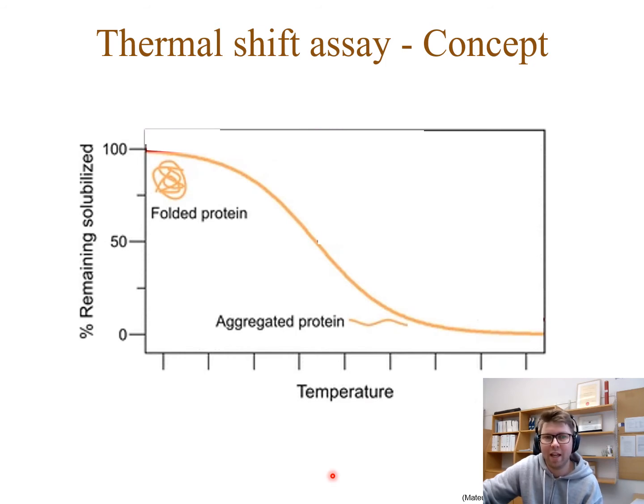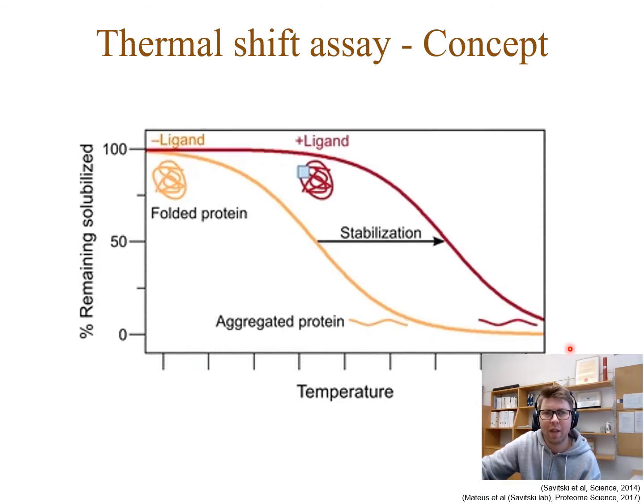And the idea here is based on that proteins tend to unfold and aggregate with temperature, but ligands or drugs that bind to the proteins tend to have a stabilizing effect, which results in a shift in the melting curve, which is then dependent on specific ligand binding to specific proteins.